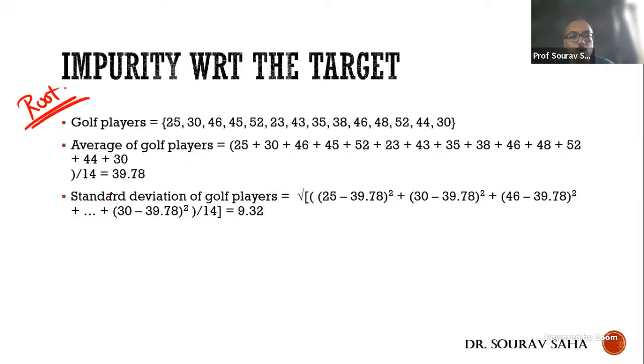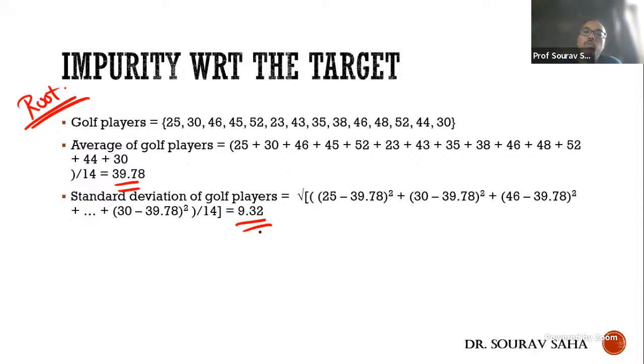At the root node, this is the average divided by the total number, and this is the standard deviation. I could have used the variance also, but here we are taking the standard deviation. So 9.3 is the standard deviation of the number of golf players at the root.